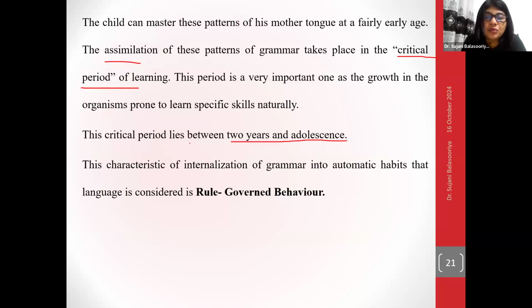That means when the child grows up to 12 years old, at that age, the child has mastered the grammar patterns, vocabulary, usage, functions, forms of his mother tongue.